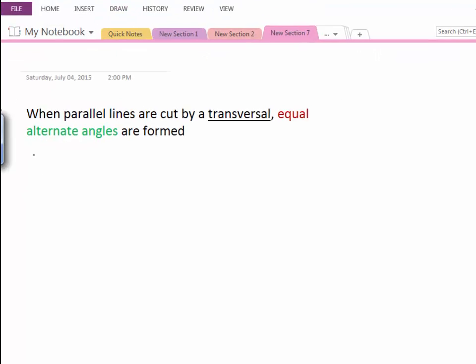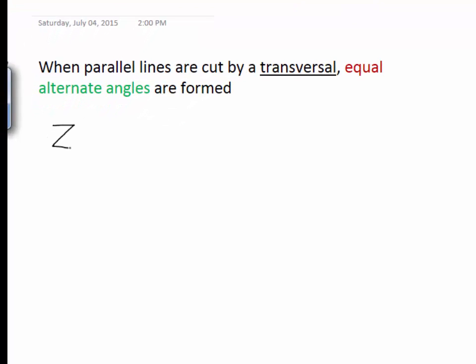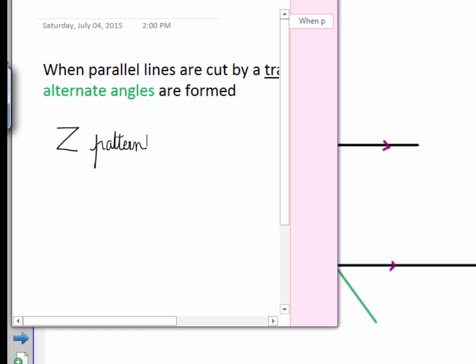We call it Z pattern. And actually you are not going to find that in any book, but this is to make your life easier. A Z pattern is formed for alternate angles. So let's understand this better.